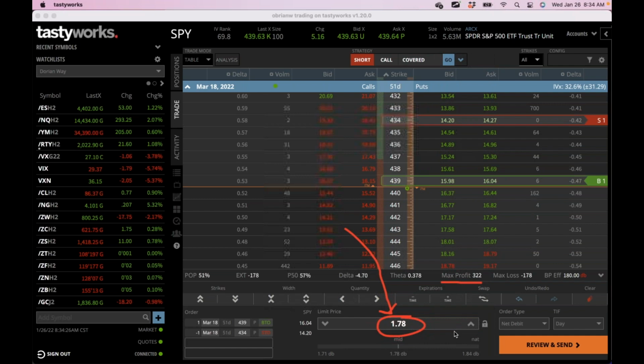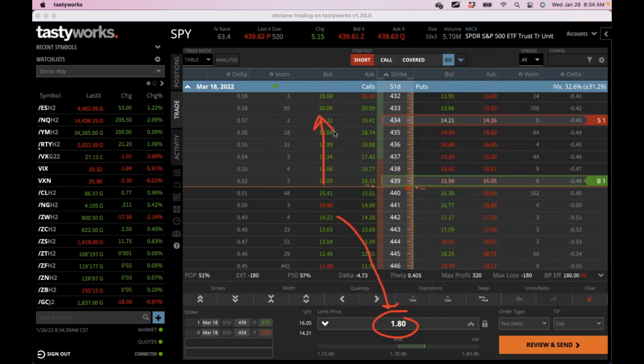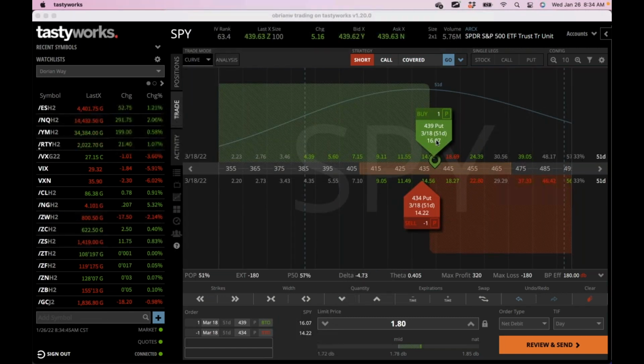So the most I can lose is what I pay. Right now it's jumping all around, so I should lock this so that it won't jump around for us. If I paid 180, then that's the most I can lose on this type of put spread. If it goes down, that's how I'm going to make money. This is how it looks on the curve view really quickly. It's basically a 50-50 shot. If it goes up, you're going to lose.